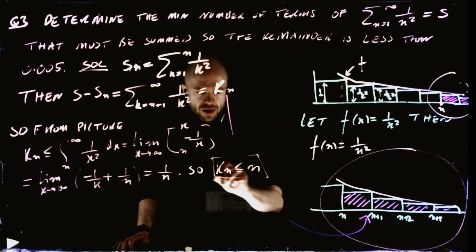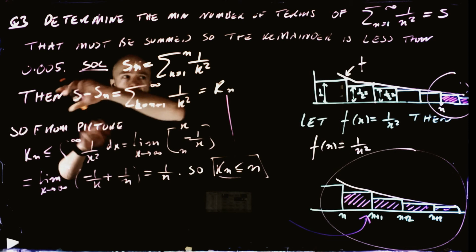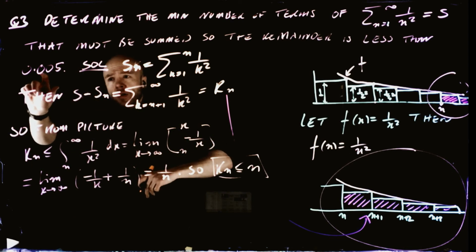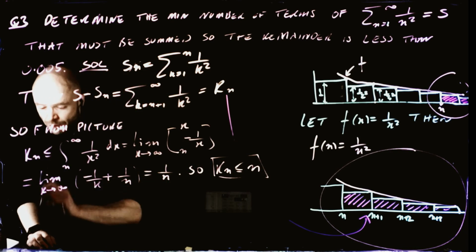Cool. That's powerful information, because what is our question? Our question is, how many terms do we need to get to within error less than 0.005? So let's rephrase that in the language of maths.